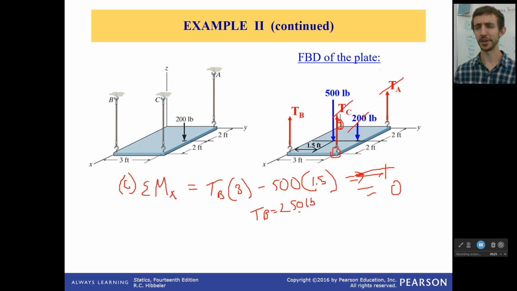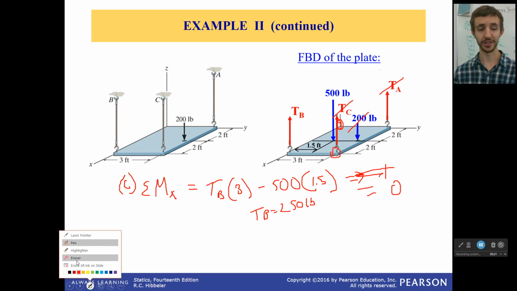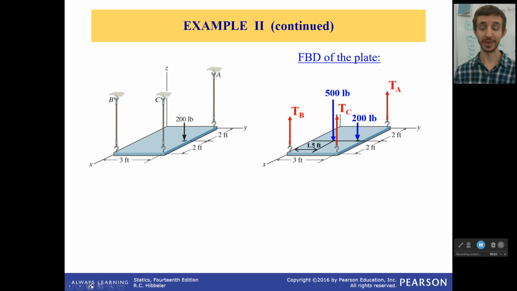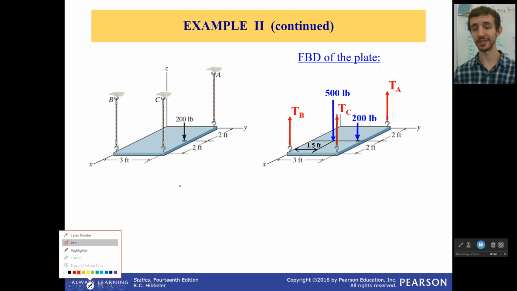Okay, so you're like, okay, well that one is easy, but you still got 2 more unknowns. Probably not going to be simple now. Just watch. So I'm going to pick that same exact point, and now I'm going to take the moments around the y-axis at point C. Once again, this is why those equations are amazing. I always do the sum of the moments first.